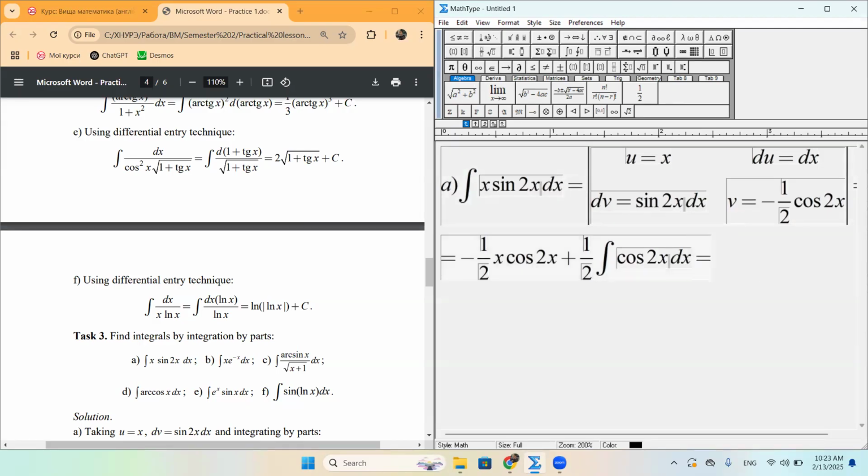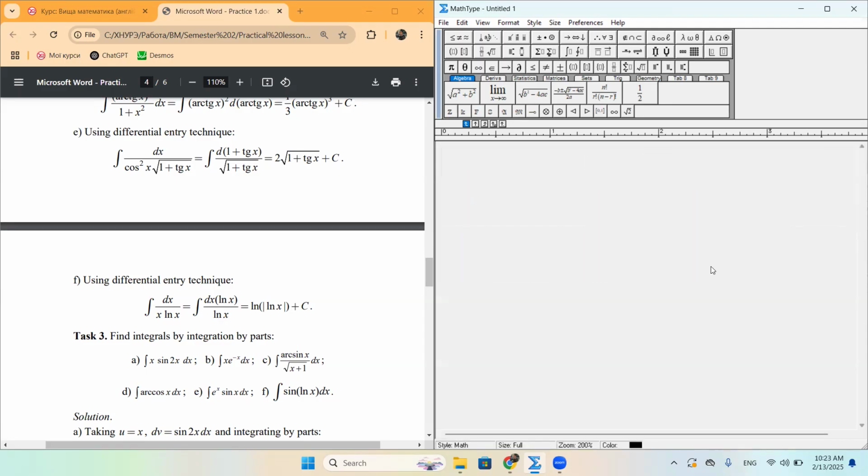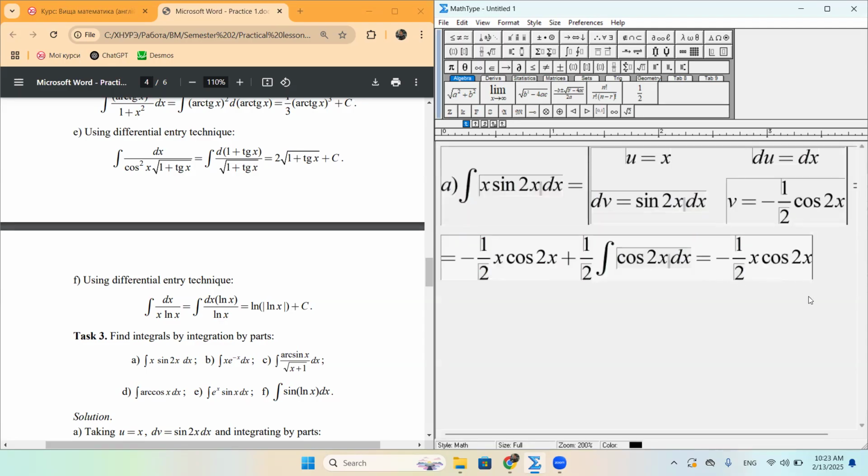So we receive minus 1/2 x cosine of 2x, and plus the antiderivative of this function, which will be 1/2 sine of 2x, so plus 1/4 sine of 2x plus c.